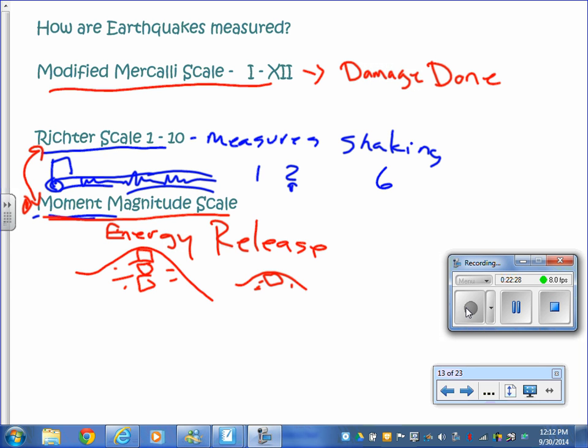A 5 knocks dishes off the walls. And when you get up to the 10, 11, and 12, this is when people actually see the ground move. The ground splits and opens up. General panic, people freak out and run around and scream. As opposed to a 1 where if you're outdoors, you don't even know it happened.